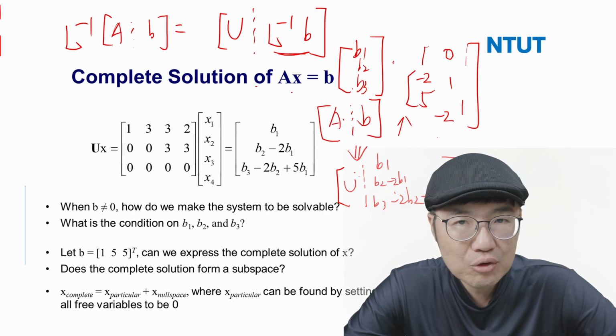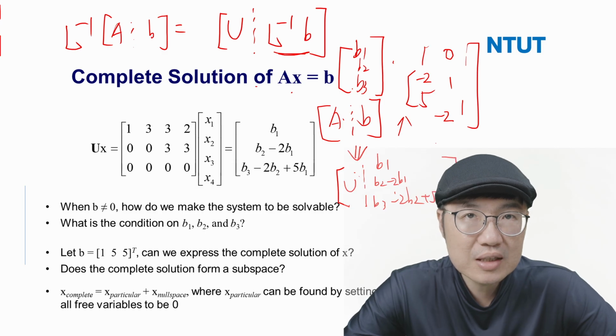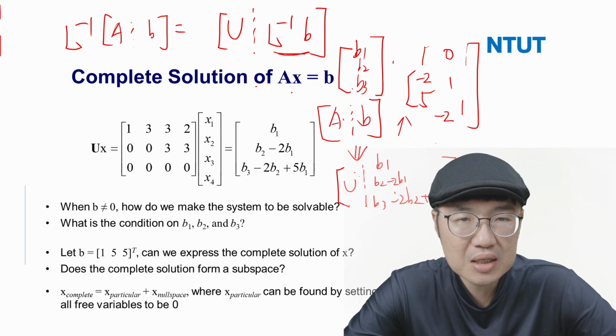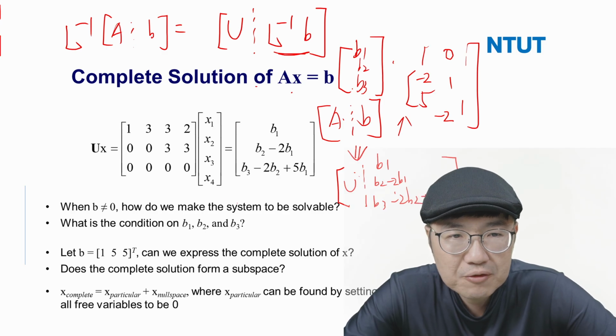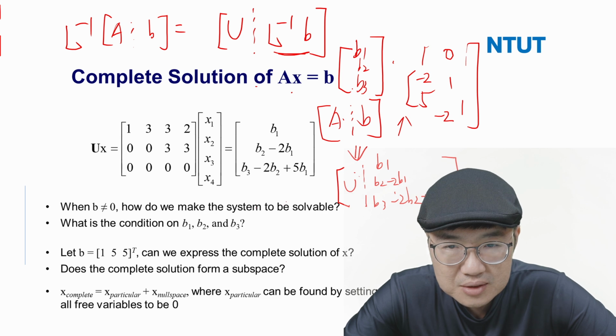Okay. So we need to assign some proper value so that we have a solution. But how do we assign the b1, b2, and b3 so that we have a solution? The b1, b2, and b3 must be the linear combination of the columns in A, which means that b is in the column space of A. Considering 1, 5, 5, is there a solution from this? Yeah.